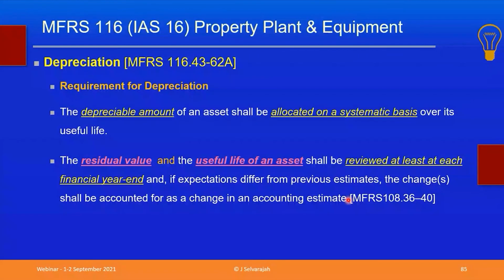Okay, and depreciation. The depreciation amount, of course, we know lah. On a systematic basis, you cannot have a depreciation high at certain times, low at certain times. But if you want to have it, you can, but it must be pegged to something. For example, production units. You can peg your depreciation to production units, but you cannot peg your depreciation to sales that come out from the plant and machinery.